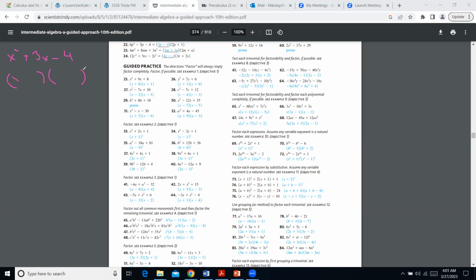I factor the first term x squared as x multiplied by x, and then I factor -4 as 4 times 1.